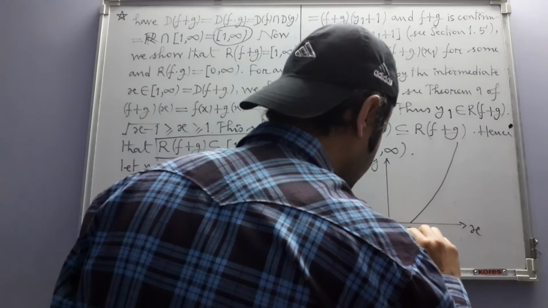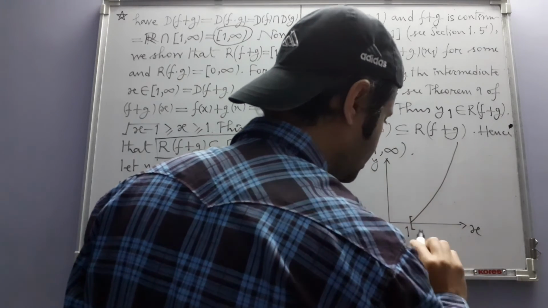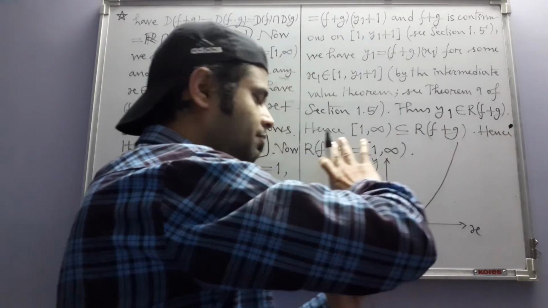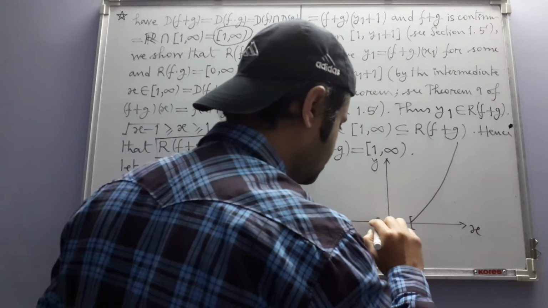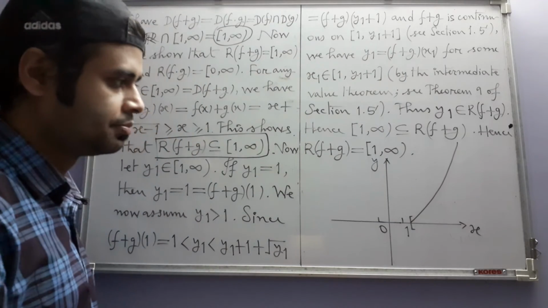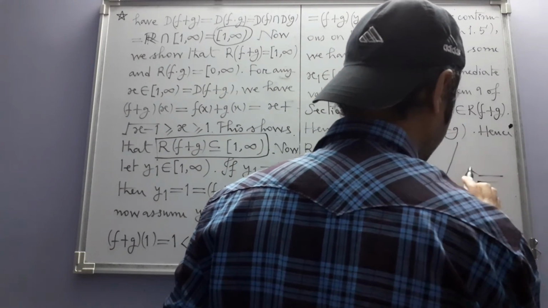This is the point 1. So domain is still 1 comma infinity, but now the shadow of the graph on the y-axis is 0 comma infinity if one flashes light from this side.